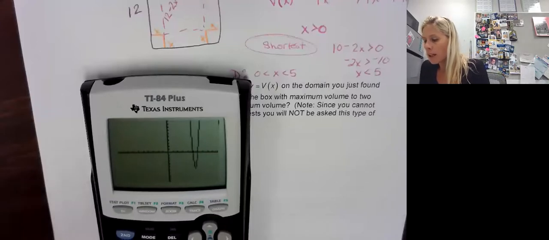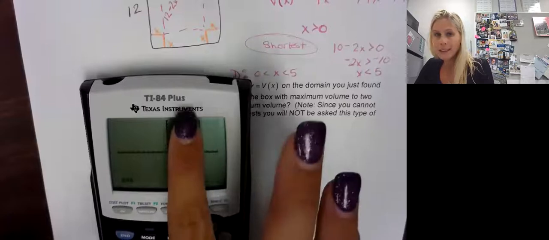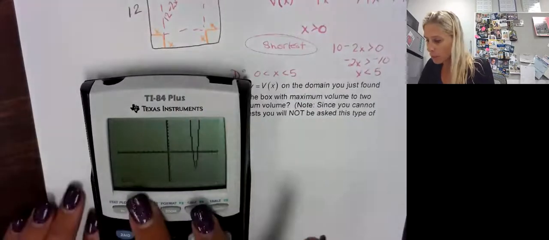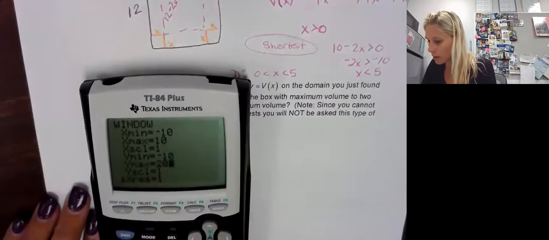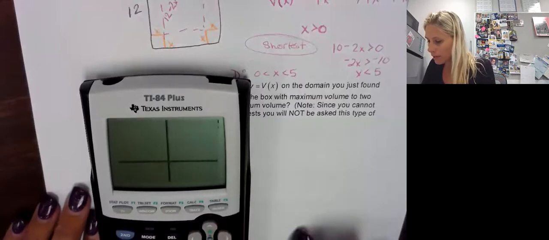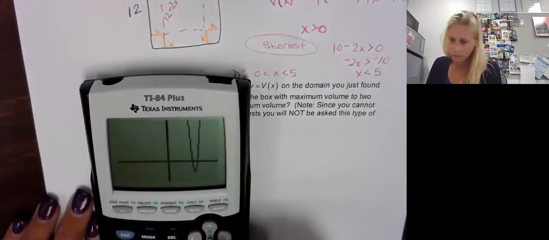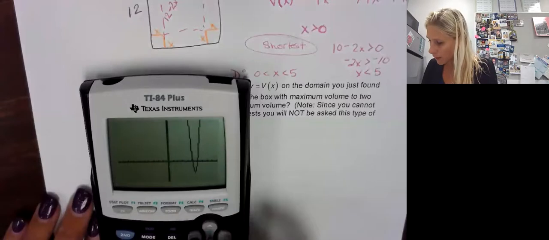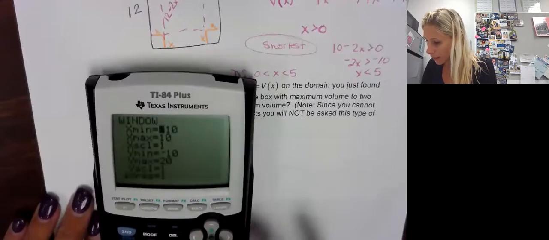So, of course, according to this graph, I need the max volume. So the max is up here. So I need to move this up. Again, you're not going to have to show how to do this. Graph. I'm going to find that max. Let's try that again.